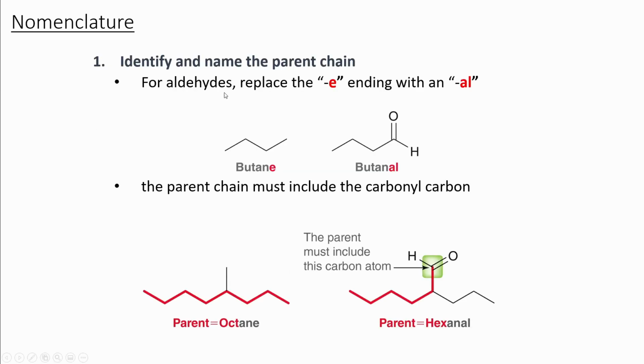For example, we have butane, and if we have an aldehyde on our butane, that would be butanal. So we're replacing the E ending with an AL, and we're going to include the aldehyde in the parent chain. So it's the longest linear chain that also includes the aldehyde.